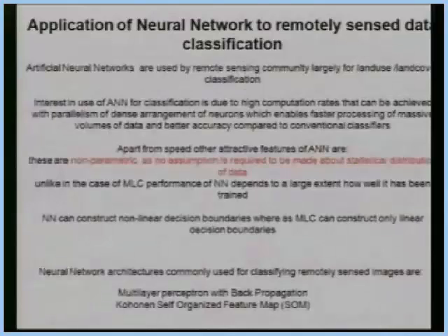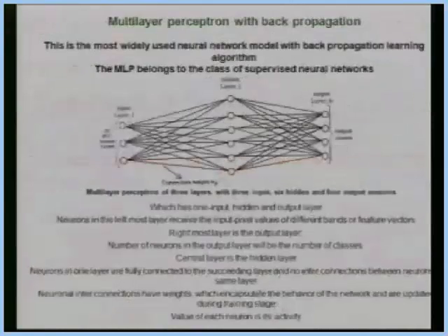Second, you don't need to make any assumption about the underlying distribution of the data. In the case of MLC, it is assumed that the data distribution is Gaussian. If the data is non-Gaussian, then your MLC performance may get jeopardized. Because of these two specific traits, neural networks are very widely used.